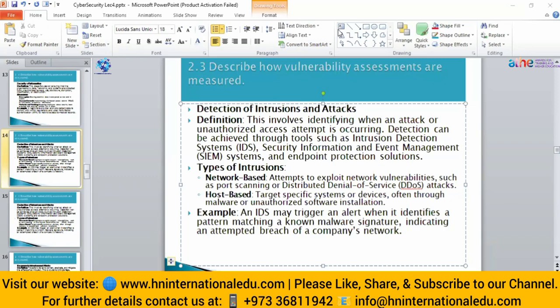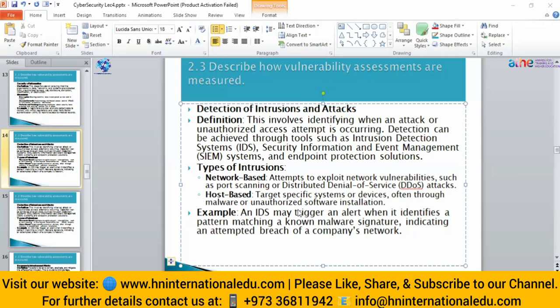We have types of intrusions: network-based intrusion and host-based intrusion. With network-based intrusion, a port can be scanned, and there can be DOS attacks. We have also discussed DOS and DDoS attacks. Then host-based intrusions target the main system, the host that is connecting the other client computers, by using unauthorized software installation.